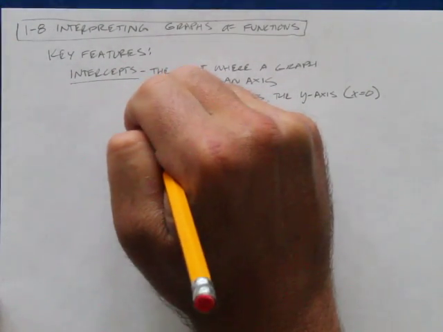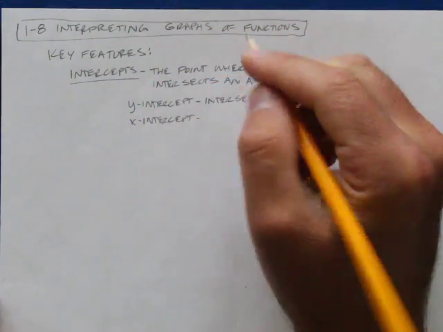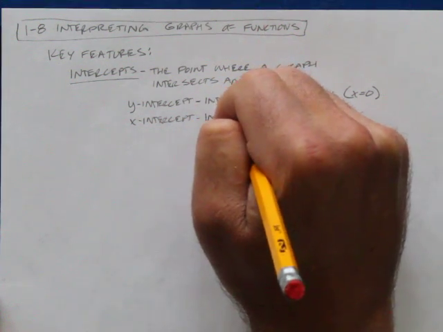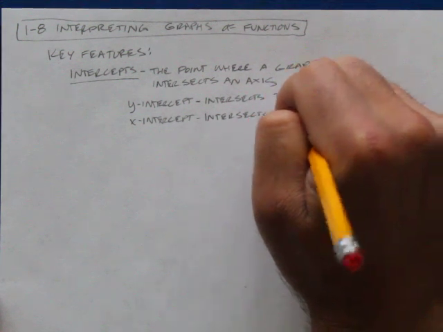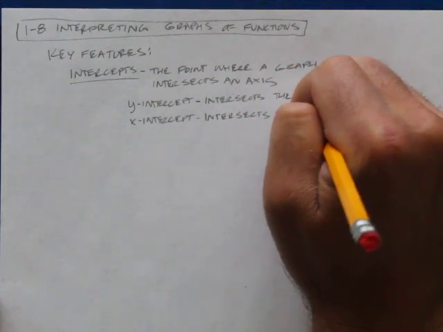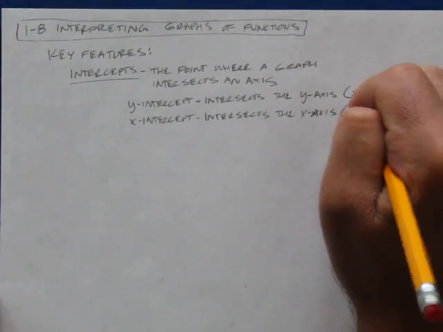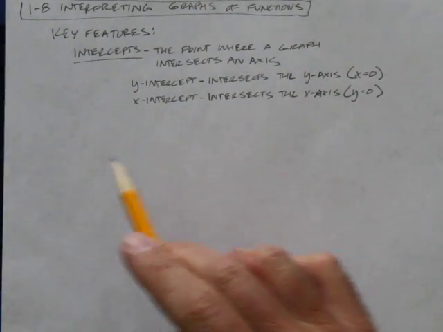For an x-intercept, this one intersects the x-axis, and at that point, y is going to equal 0. Okay, let's look at what we just wrote down here.